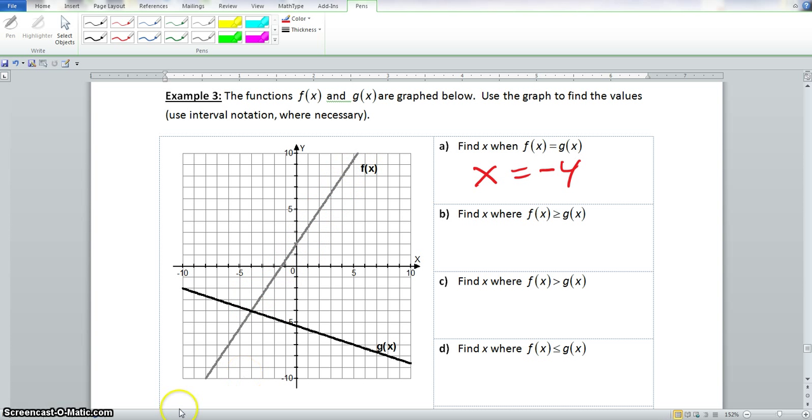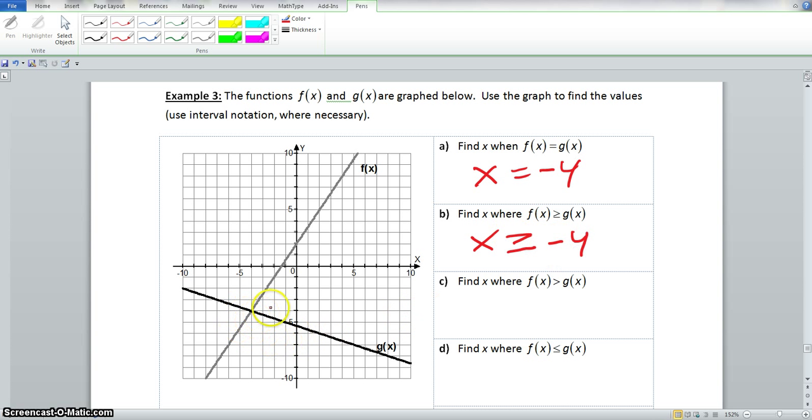So what happens here after we find where they intersect, the f of x is actually greater than that. So what we will write here is x is greater than or equal to negative 4.